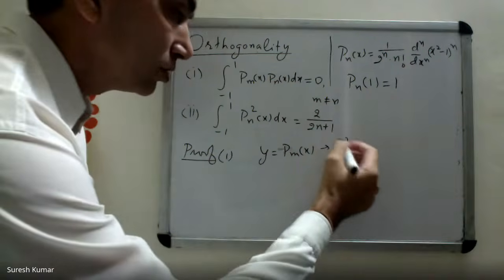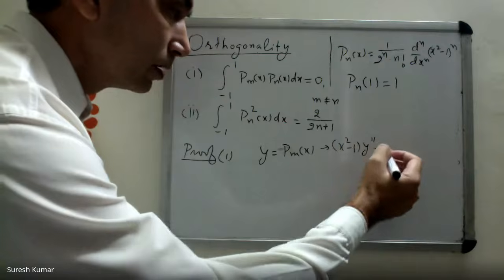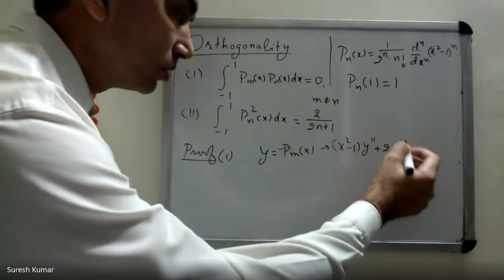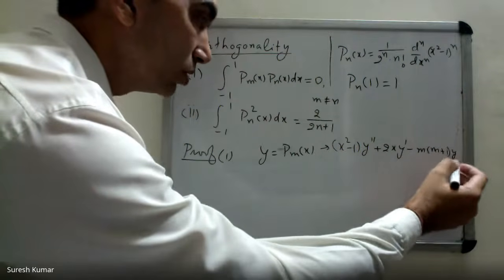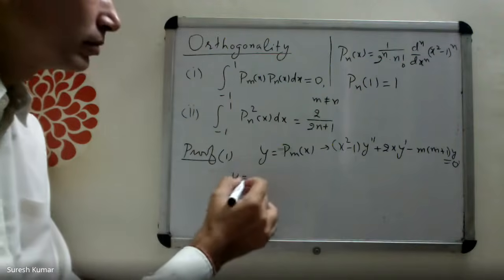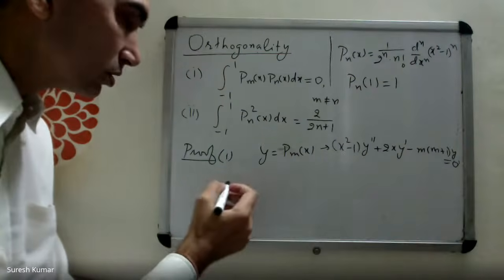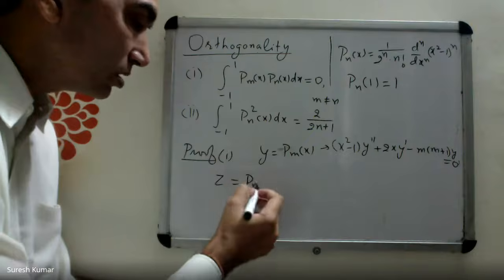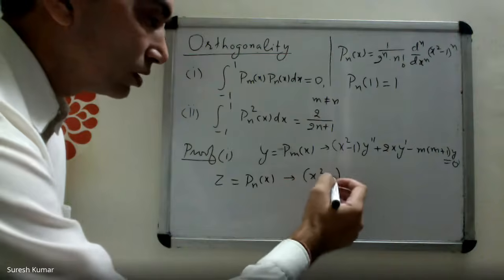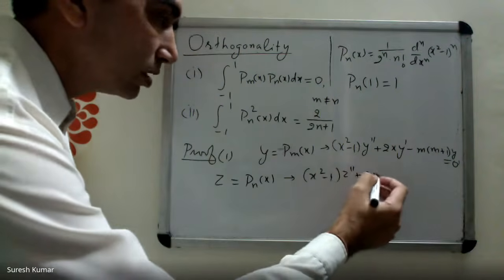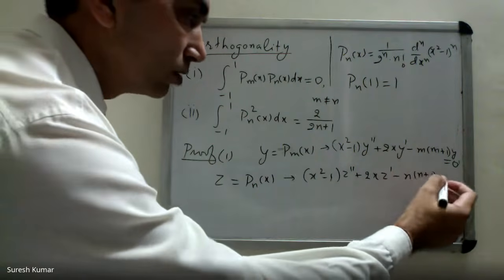The Legendre differential equation given by (x square minus 1) y double prime plus 2x y prime minus m into (m plus 1) y equal to 0, right? y equal to Pm(x) is a solution of this differential equation, we know it. And z equal to Pn(x) is a solution of (x square minus 1) z double prime plus 2x z prime minus n into (n plus 1) z equal to 0.